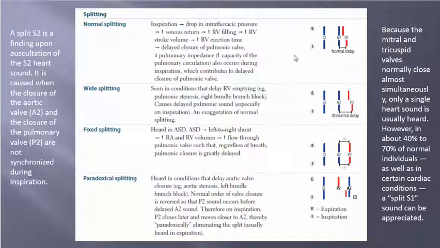Splitting is really about the heart sounds that you have. A split typically is a finding upon auscultation, or listening. Normal splitting is when you have inspiration. So if you have a drop in your intrathoracic pressure, then you have an increase in your venous return.